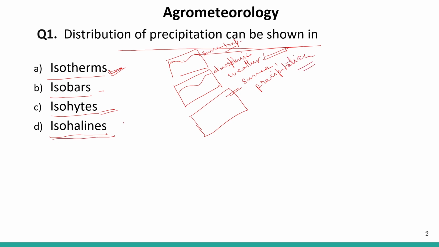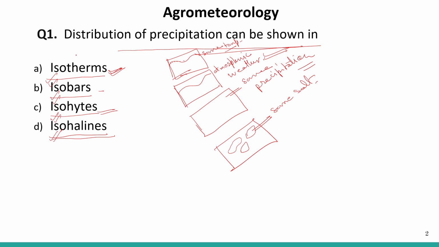And isohalines are contour-like regions that have the same salt present in the soil. So these are the different terms which can be denoted on the map.